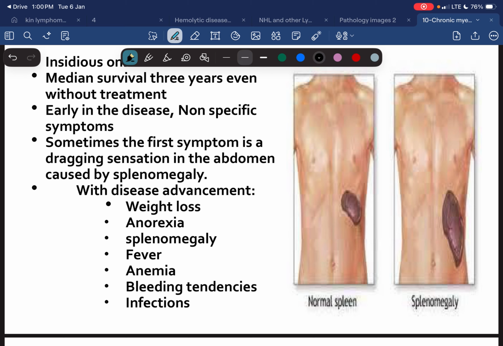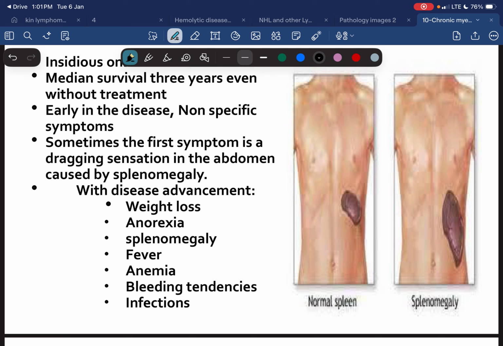The other phase is the accelerated or transformation phase, seen in 50% of CML cases. They enter the accelerated phase with increased white blood cells despite the treatment, worsening anemia and worsening symptoms, thrombocytopenia, and an increase in the blast percentage between 10 to 19%.